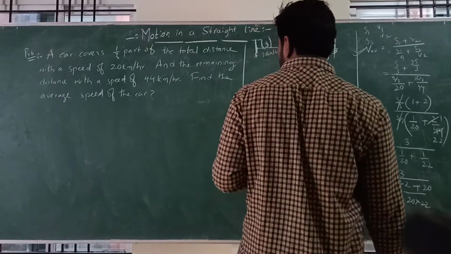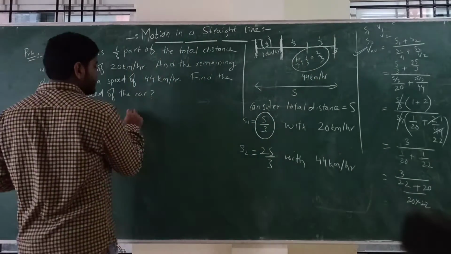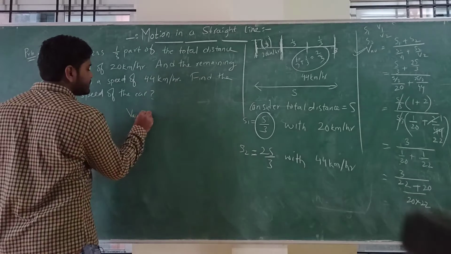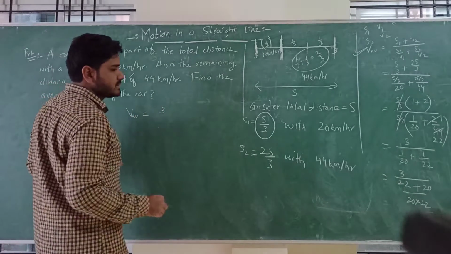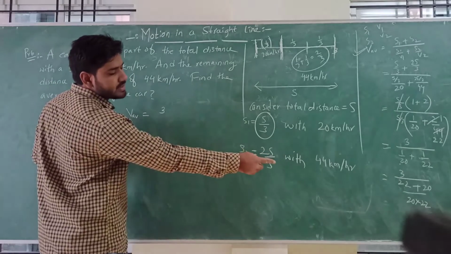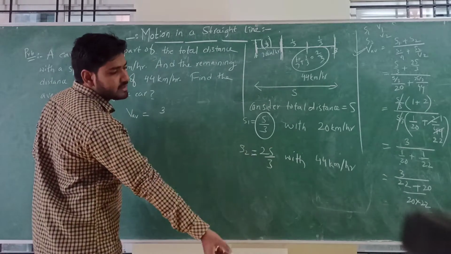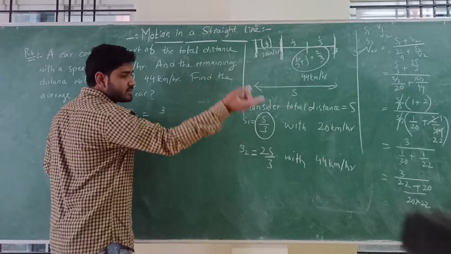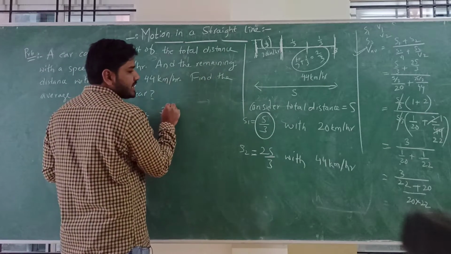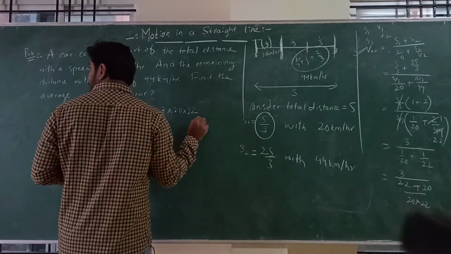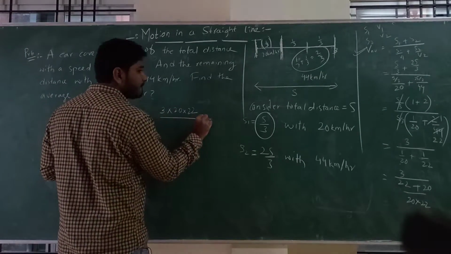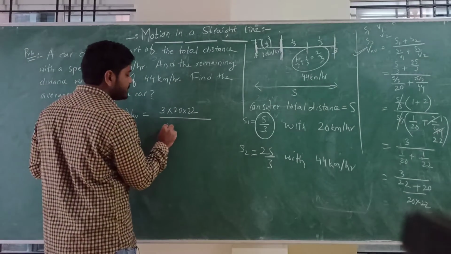So average speed is equal to 3 into 20 into 22 divided by 22 plus 20.